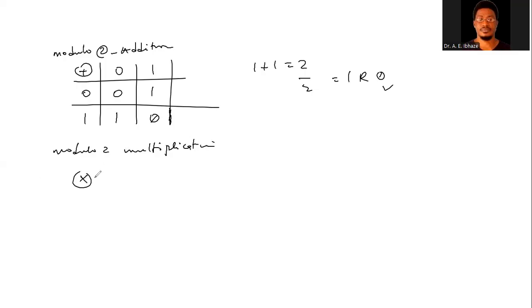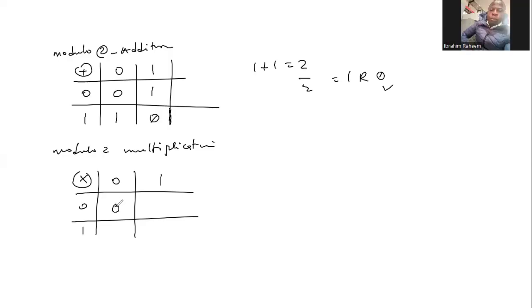We have 0, 1 and 0, 1. 0 times 0 is 0. 0 times 1 is 0. 1 times 0 is 0. 1 times 1 is 1.